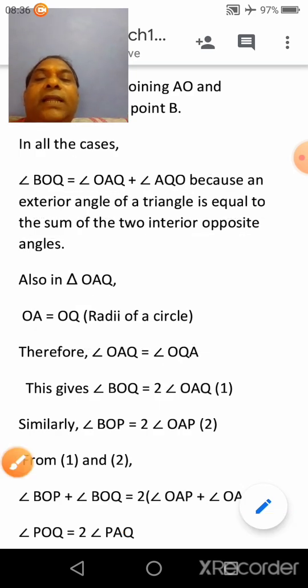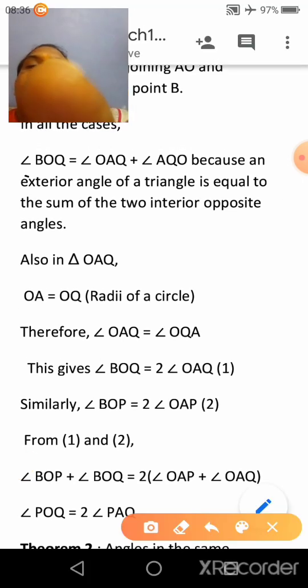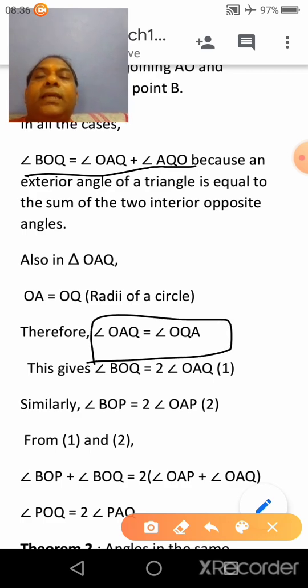Clear? Because BOQ is equal to COQ plus OAQ, and OAQ is equal to OQA. Clear? So angle QAO is equal to OQA.